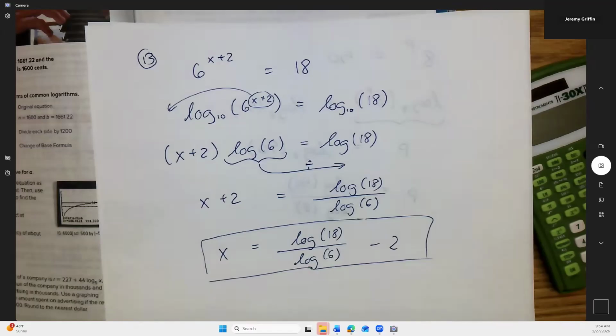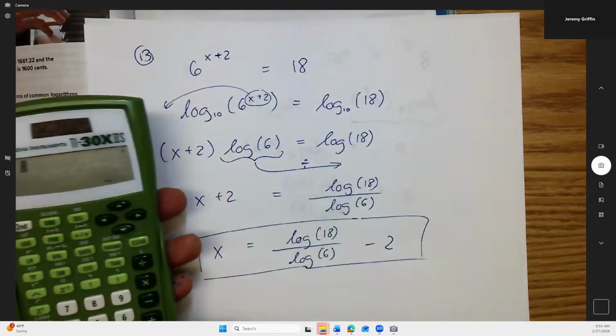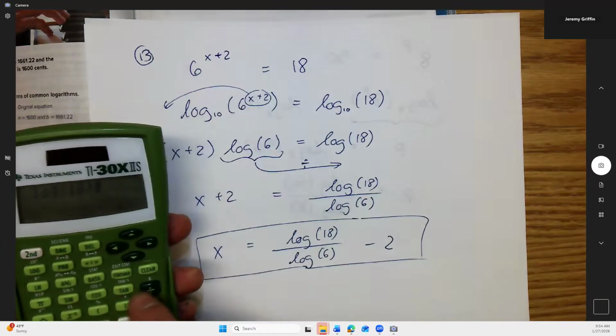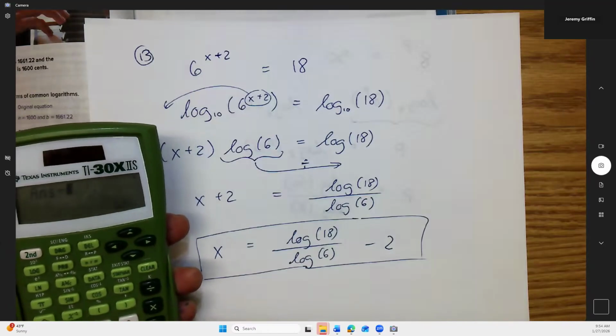All right, guys good? Get a decimal approximation. Log 18 over log 6, then minus 2.